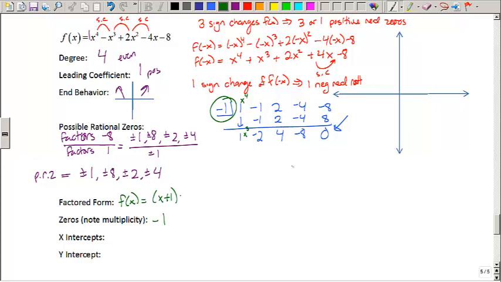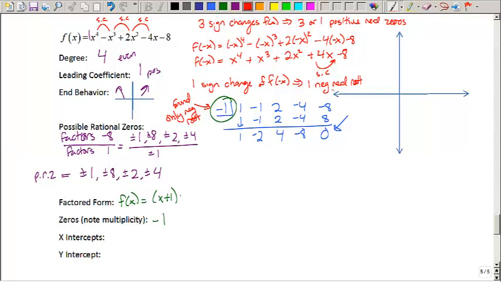So actually I still need to keep going, because I need to keep synthetically dividing and factoring in order to get a quadratic remaining. So I'm going to try another one of the possible rational zeros. Although, because I have a negative real zero, I have found the only negative root, or 0. Because I found it, I'm never going to try another negative again. I'm only now going to try positives.